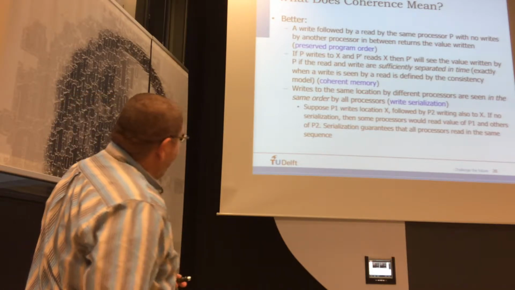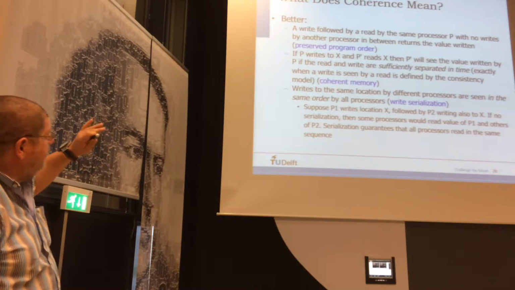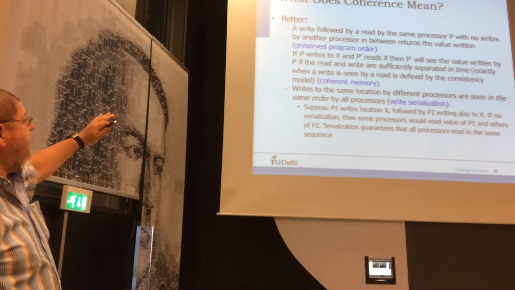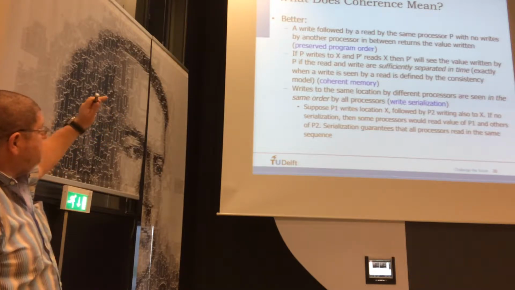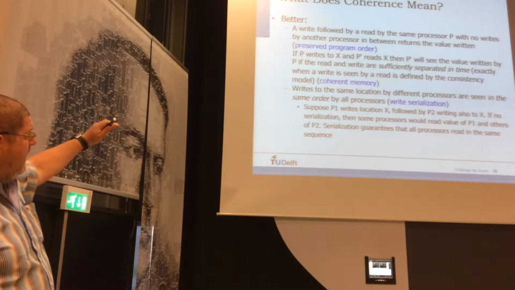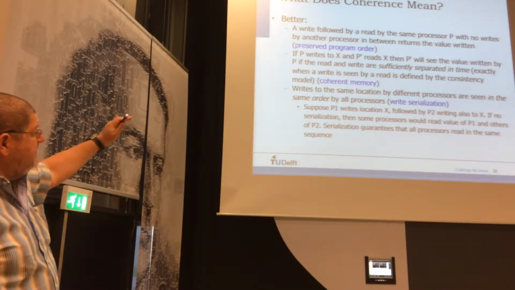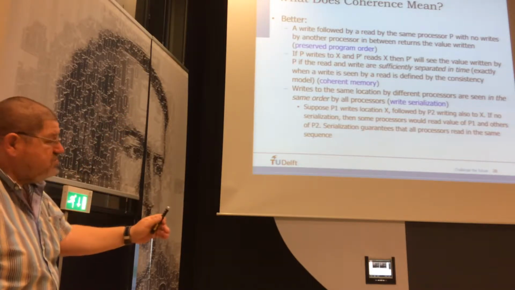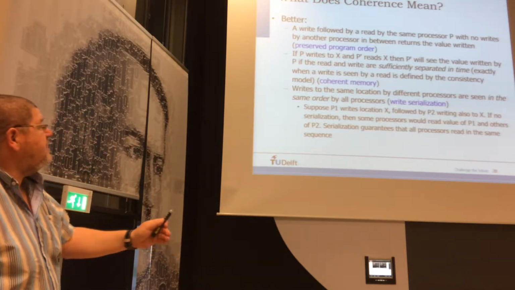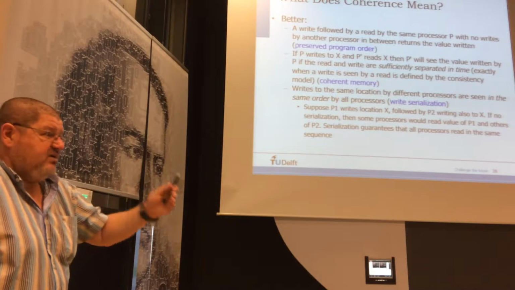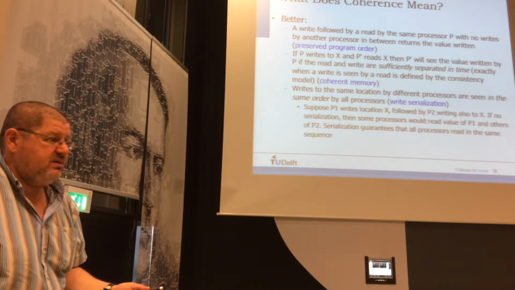Now, there are a couple of issues related to coherence, and those are the conditions. The first one is that if you write in the same processor and no other writes are done by other processors to the location, the value that you will be reading next should be the one that you wrote.